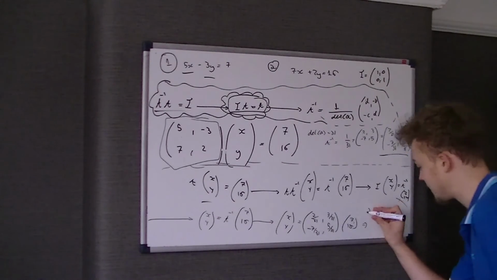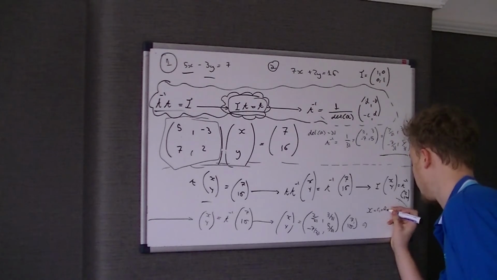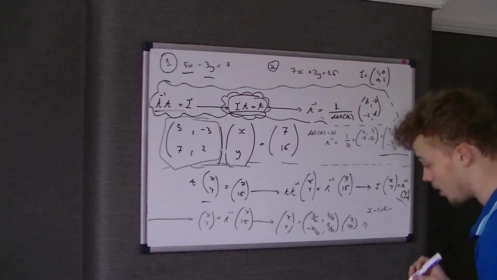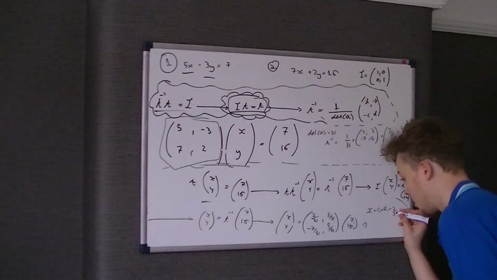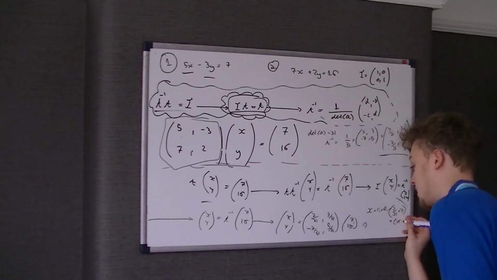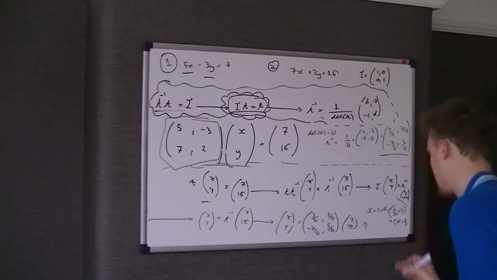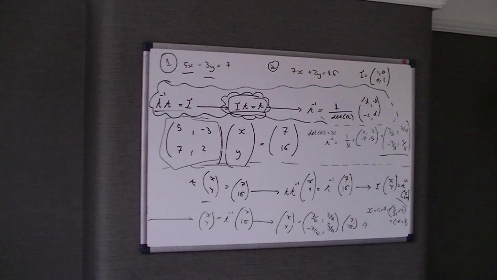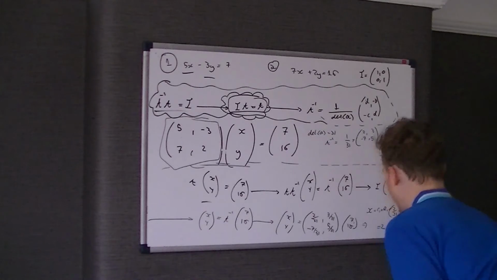Okay, so x is equal, as I said, column 1 times row 1, which is 2 over 31 times 7 plus 16 times 3 over 31. And that should get you an x value of 2. Okay, so x should be 2.